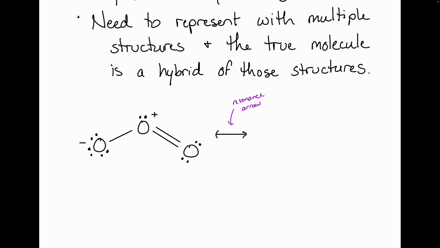My other resonance structure here will have those same three oxygens, but what we'll see is we've shuffled around our electrons. So now the double bond is on the other side, and the single bond has swapped places.